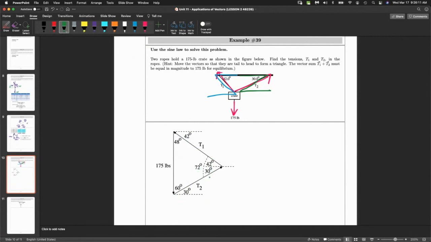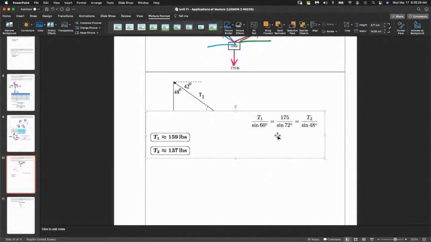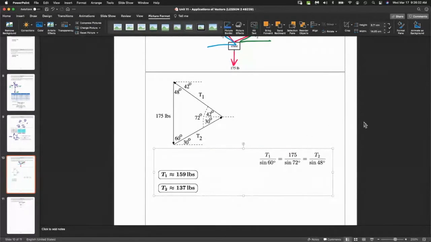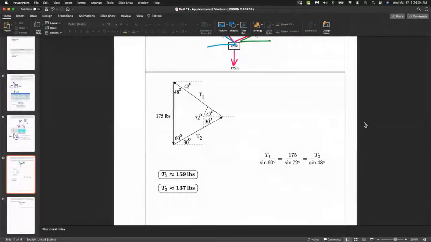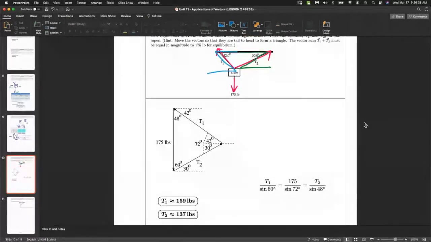And then at this point, you have a triangle for which you can use the sine law. So I'll just finish off by doing that. I'm going to write the sine law, and I'm going to write the final answers. If you're wondering which method I prefer, this method or the method to come, honestly, this method is way faster.